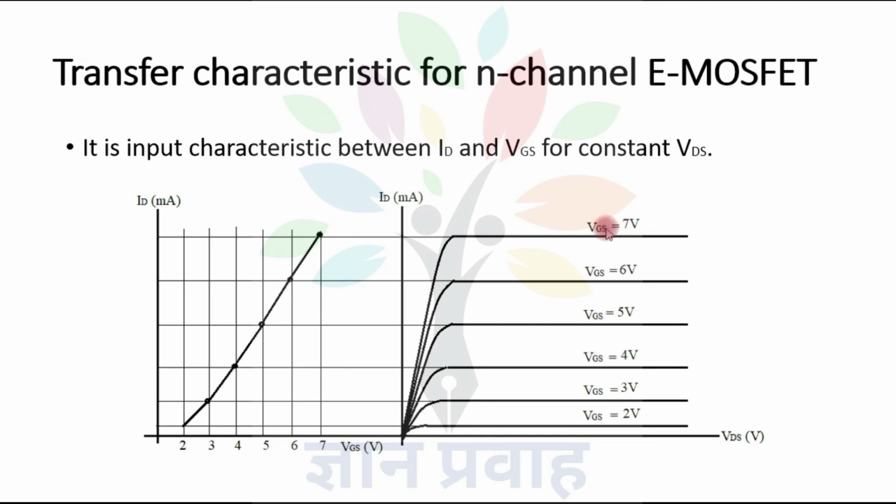Suppose we take VGS as 7 volt here. Then the maximum current is here, and we mark this point because it is also the maximum current in the input characteristic. Similarly, when we reduce the value of VGS voltage, the maximum current also reduces, and correspondingly we mark these points for different VGS voltage values.